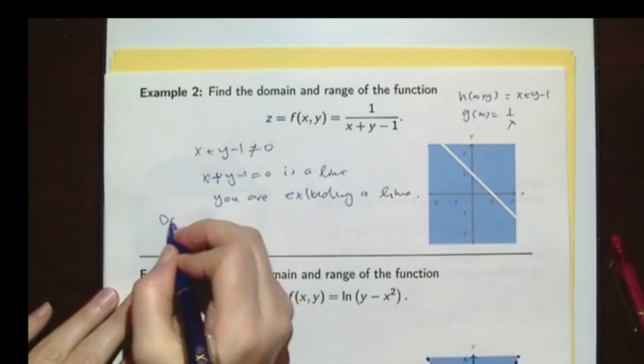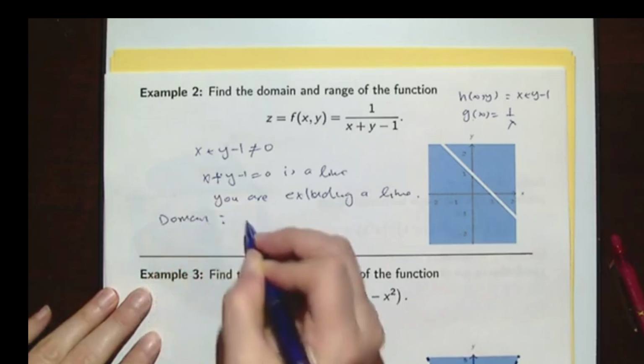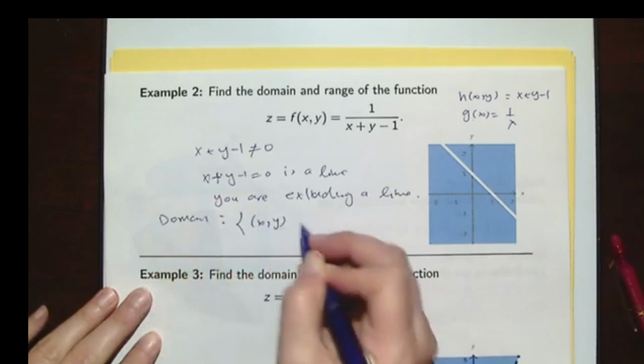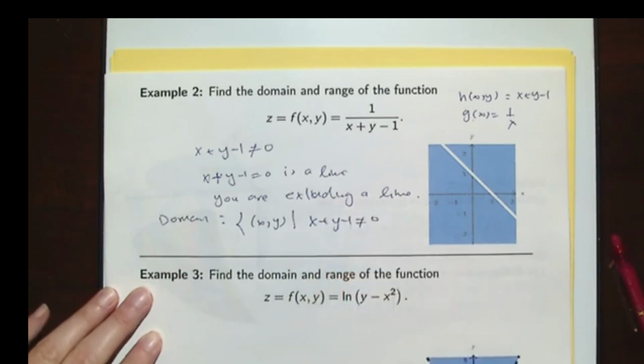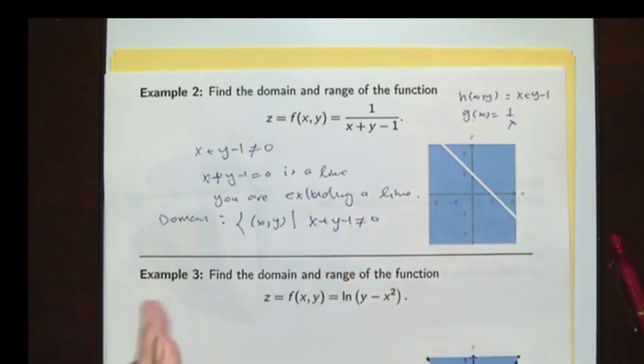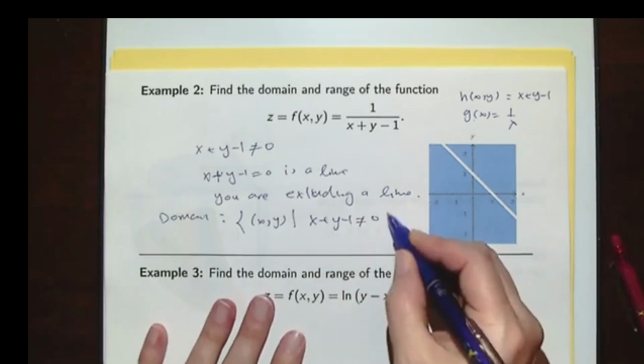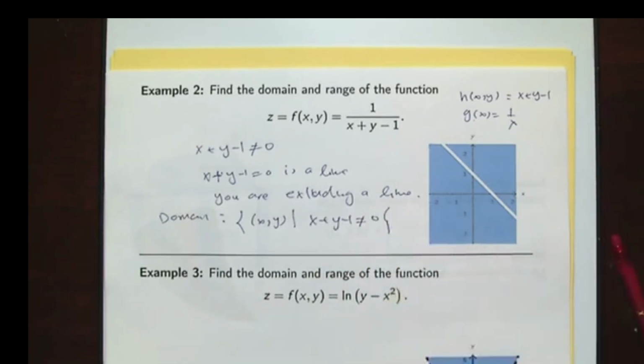So I can write the domain as x and y such that x plus y minus 1 is not 0. Right, fair? And that's the shape. I'm not drawing it because it needs a pencil. The pen is not good. Now, my question is, can you guys tell me what the range of this thing is?